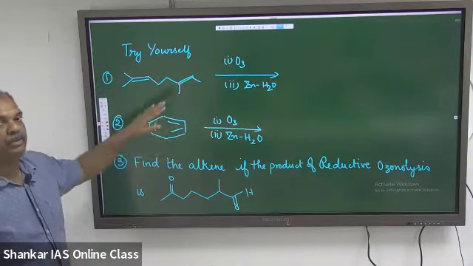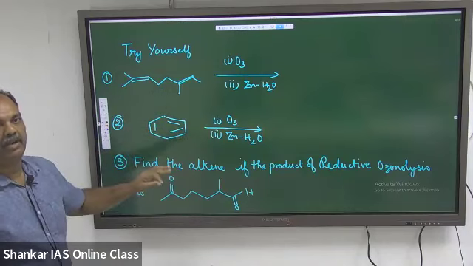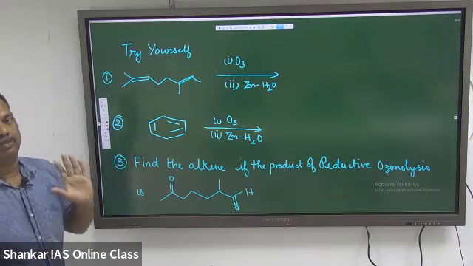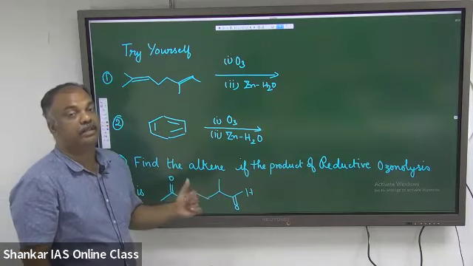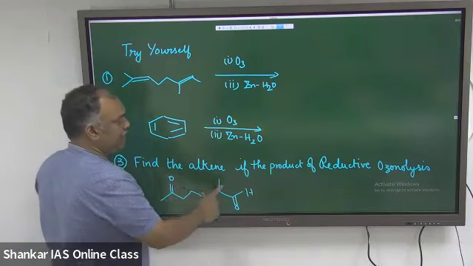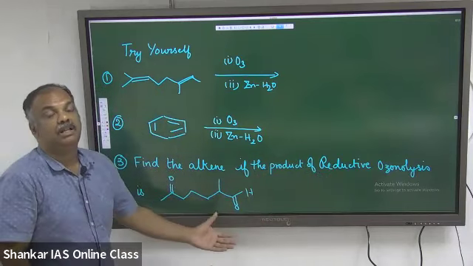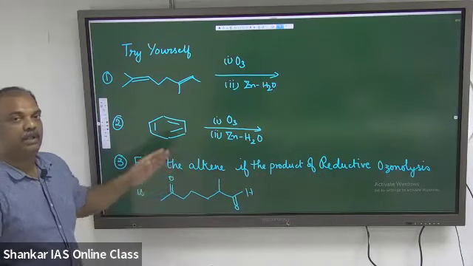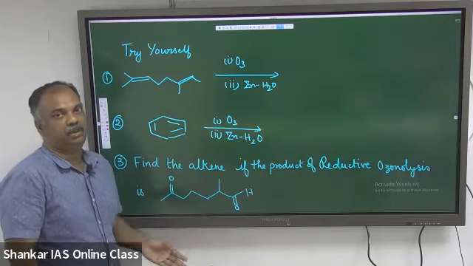How should you proceed? You have to remove the double bonds completely and on the alkene carbons, introduce double bond O. The third one is an example used to locate the double bond in the alkene. Find the alkene if the product of reductive ozonolysis is this. They have given you the product and are asking you to locate the reactant. I hope the points I have told you will be helpful in solving these problems.